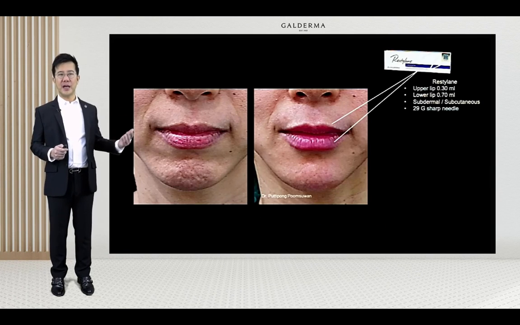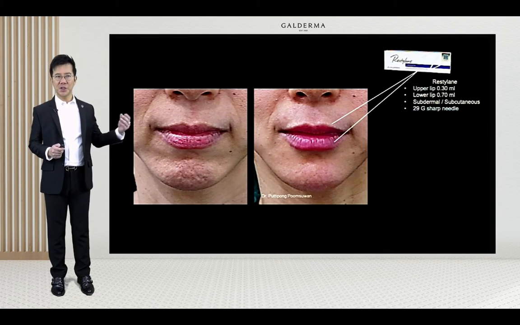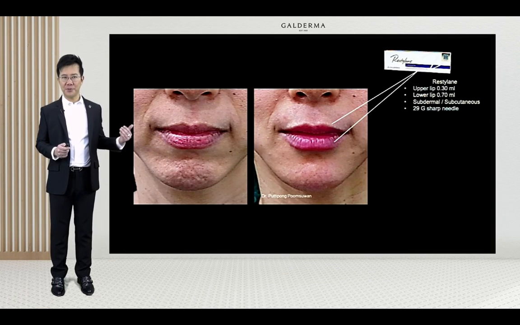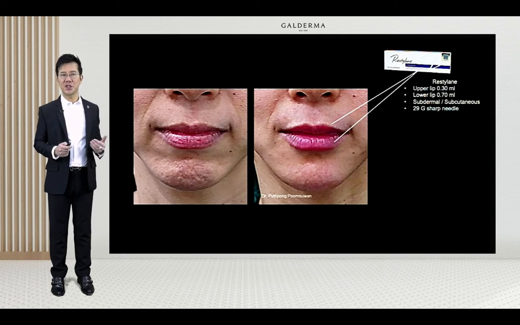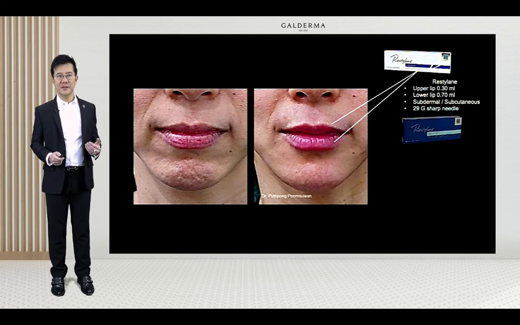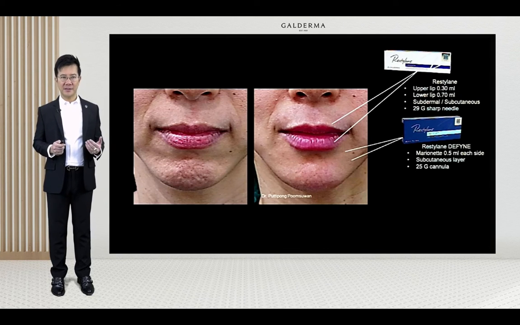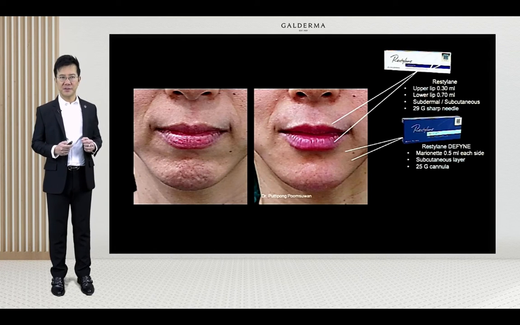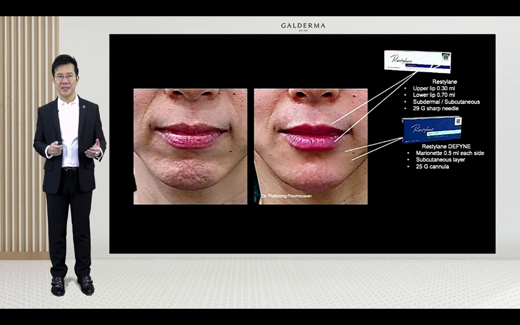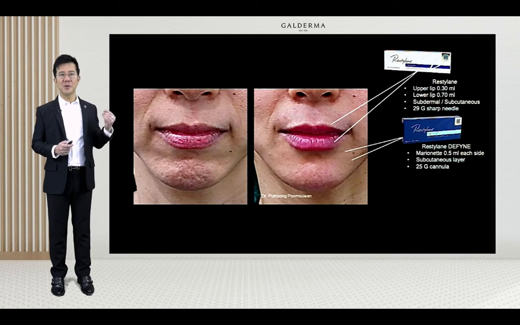The summary of product used in this case: I use Resilient, a Nasha product, for a better contour and better definition of lips. For the malar areas, we need more flexibility of the product, so OBT is a product of choice. And I choose Resilient Define 0.5 ml each side, subcutaneous layer.